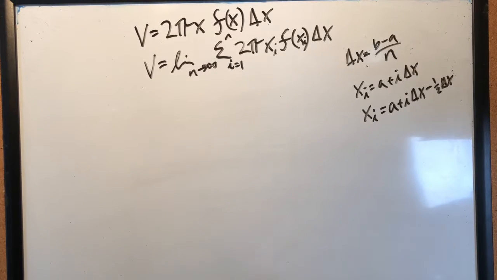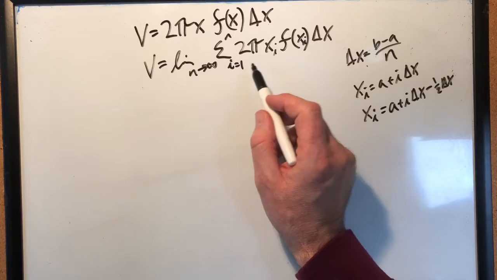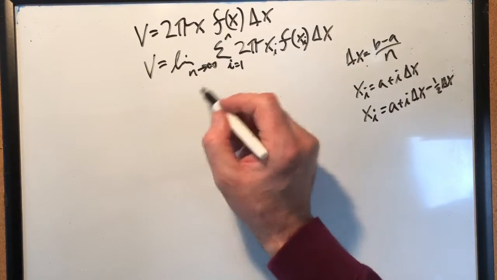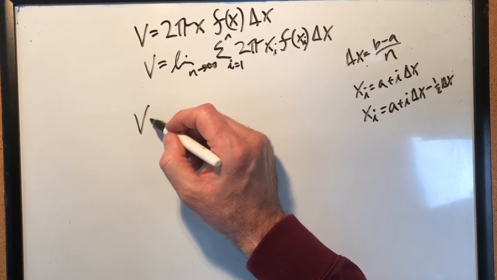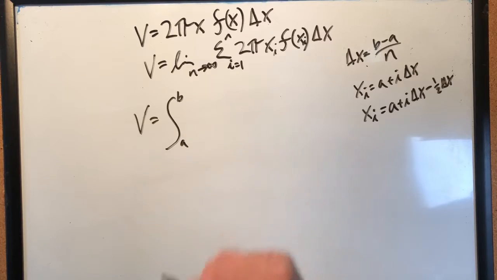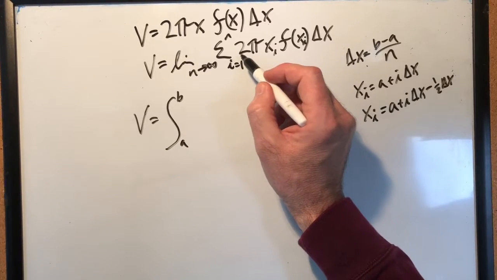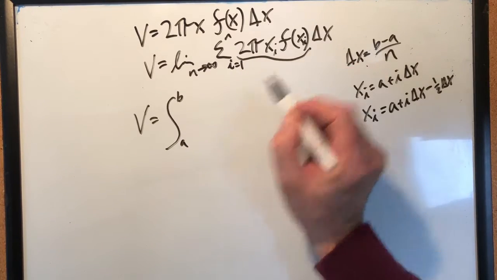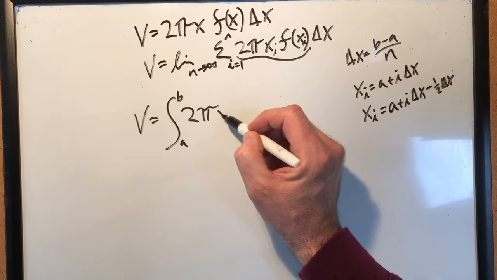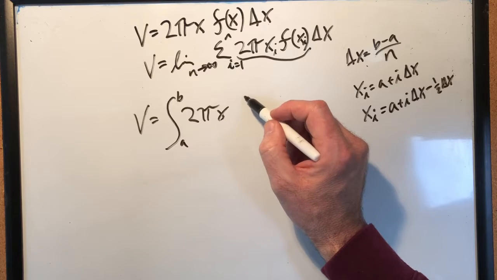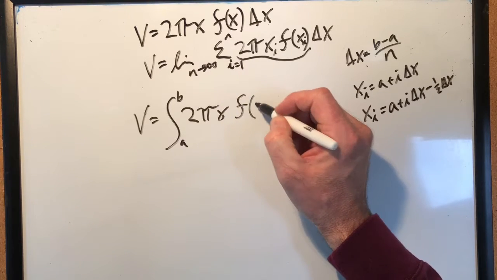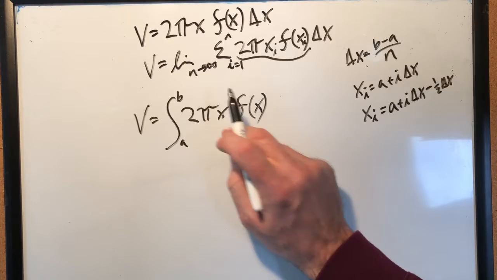So now if you look at this problem here, we could go in and plug these in and start solving it. But it's so much easier at this point to change it over to a regular integral. Okay, so what we need to do is carve out this section right there. So that's going to be 2 pi x, and that's going to be f of x right there.